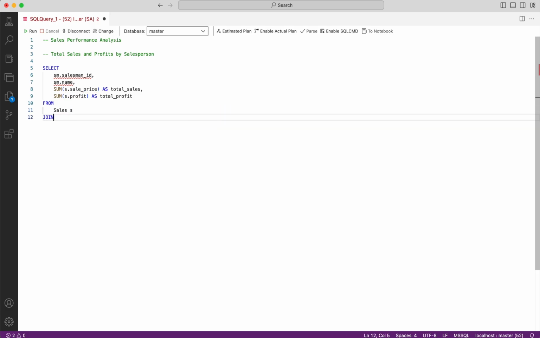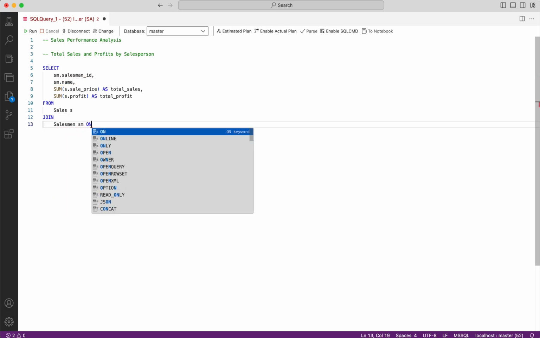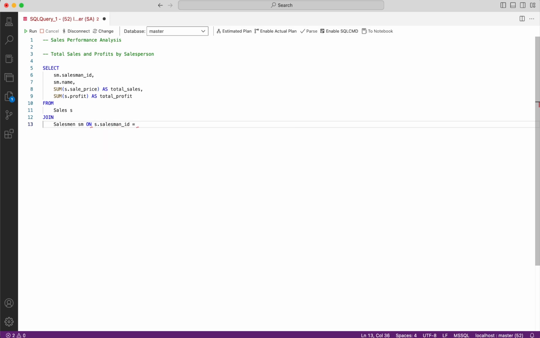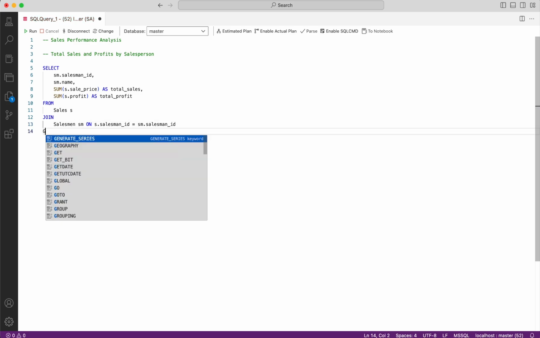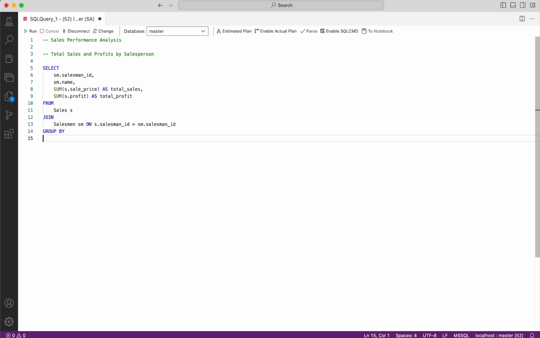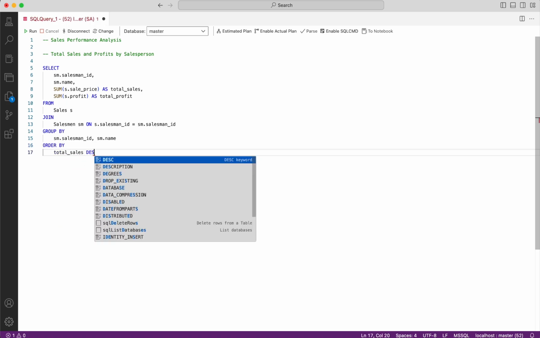And we're going to be joining it with our salesman table on ID equals, okay. I'm going to make sure to group by salesman ID and then by name, and we also need an order by total sales descending.